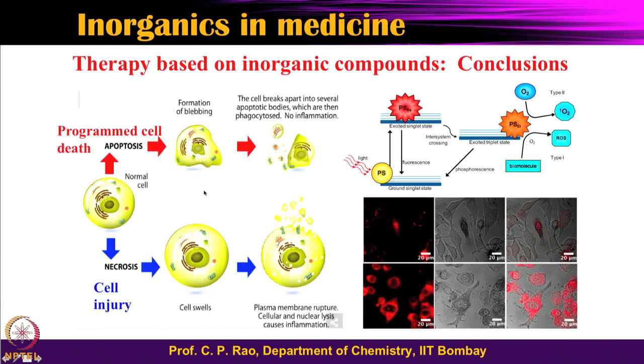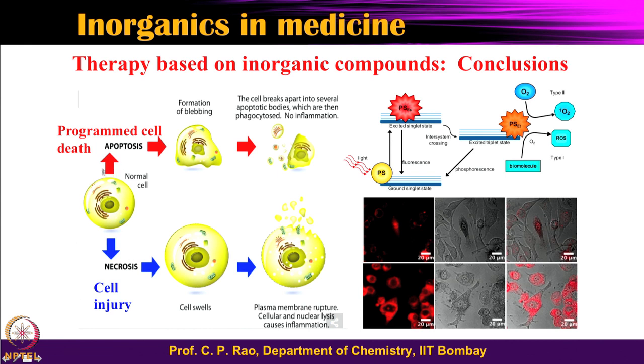Just to give you a recapitulation, cells can go through a programmed cell death, where certain cells have to take the death, and that is a programmed one and the best process. The other one is forcible and unforeseen, which is called necrosis. So, apoptosis and necrosis.